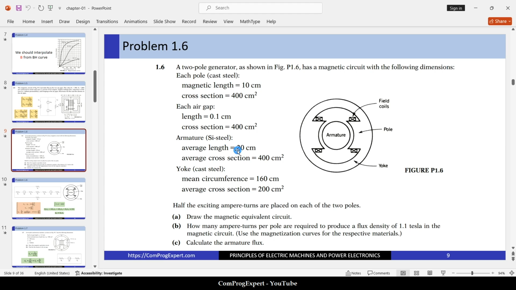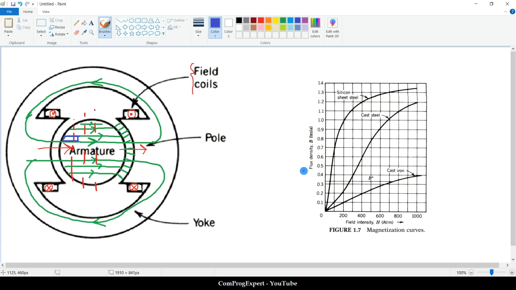So if we want to have 1.1 Tesla in different locations of the motor, how much magnetomotive force is needed? What should be the value of the magnetic field intensity? We can interpolate the value of the magnetic field intensity from this figure. So if we consider 1.1 Tesla for the cast steel, the value of H is 800 according to this graph.